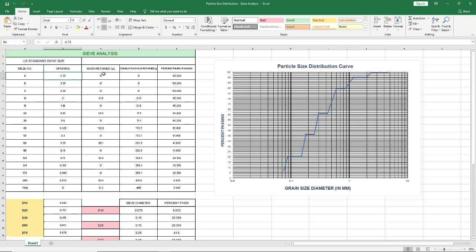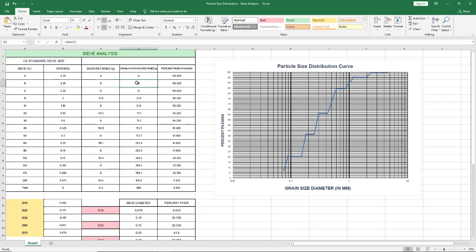So we have the mass retained in each sieve, sorry. In different sieve numbers there should be mass retained, right? As we have to get the percent finer, we have to get the cumulative mass retained first.